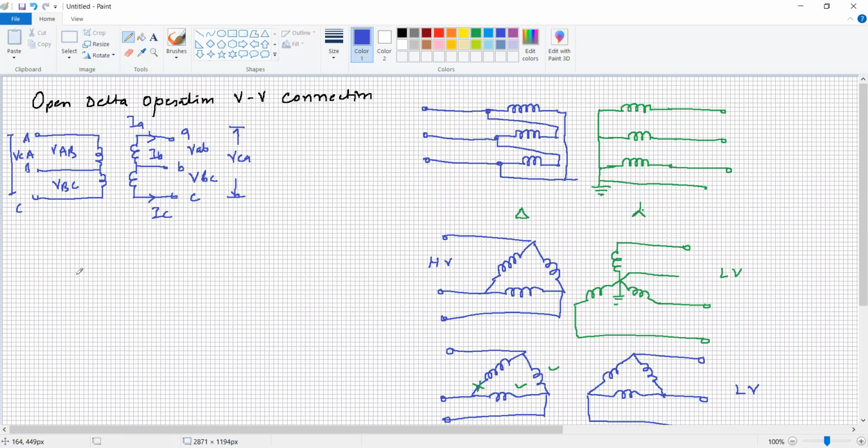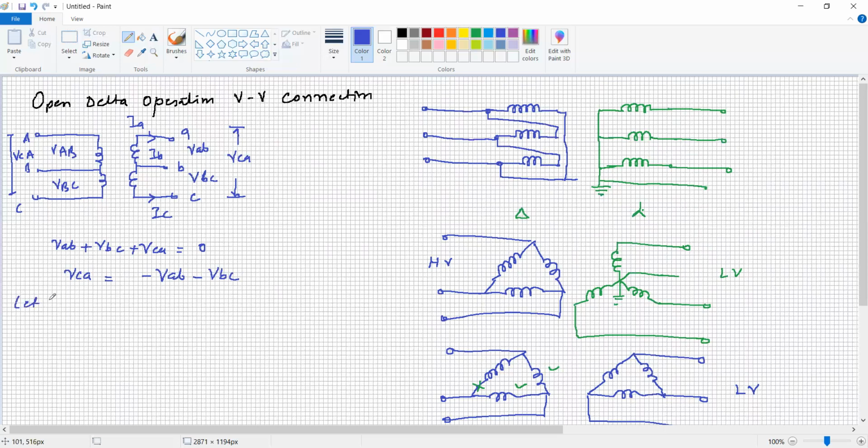So we know that the total voltage for any three phase is equal to 0. The addition of VAB plus VBC plus VCA is equal to 0, and VCA is equal to minus VAB minus VBC. Okay.